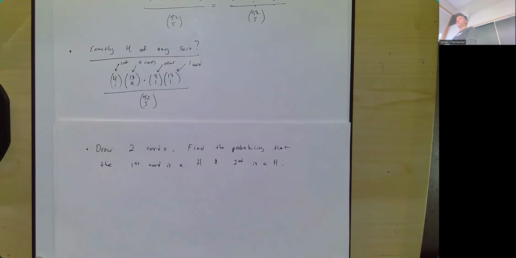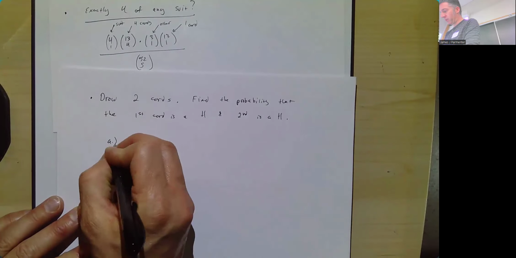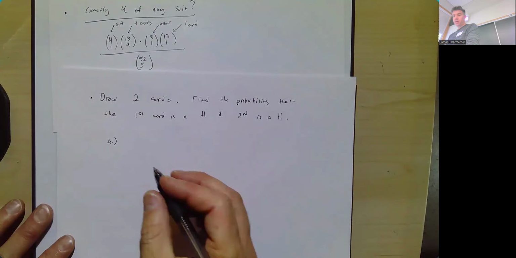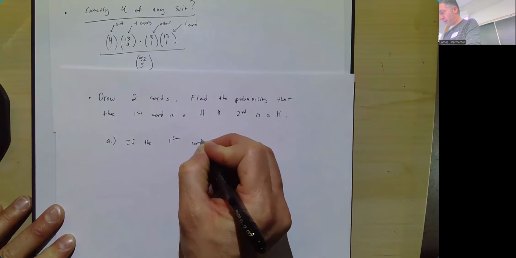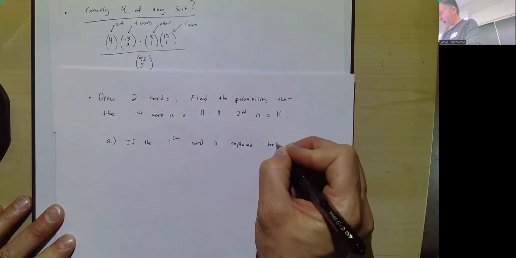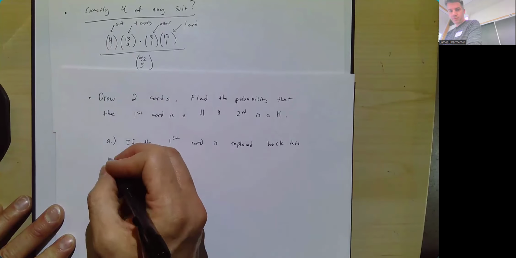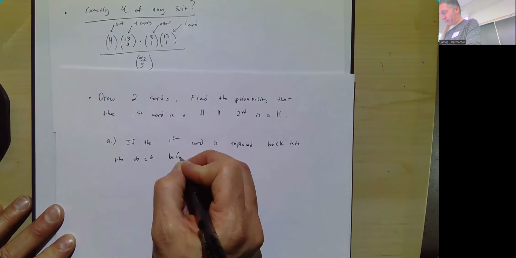And we're going to break this up into 2 different ways of thinking about it. So the first iteration is going to be if we replace it. So if the first card is replaced back into the deck after it's drawn, or I should say before the second card is drawn.